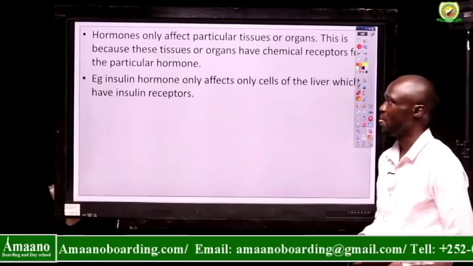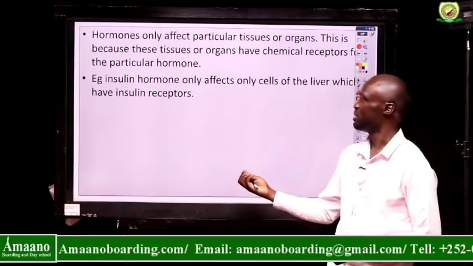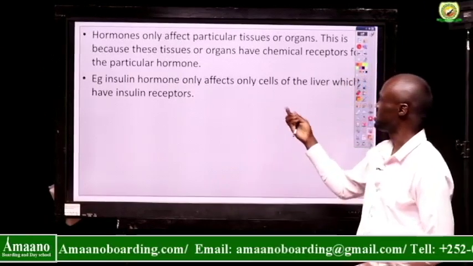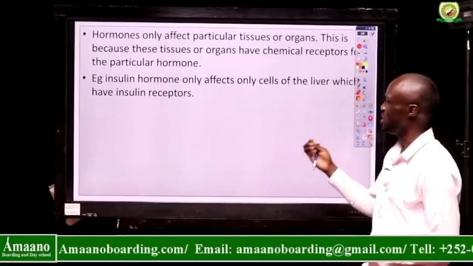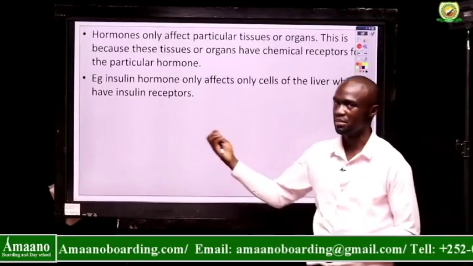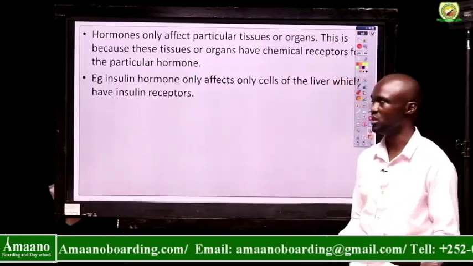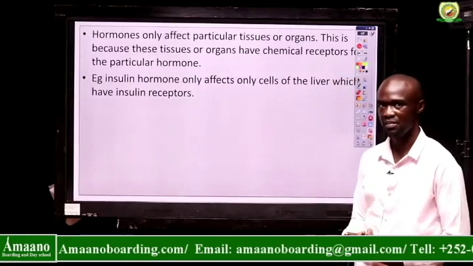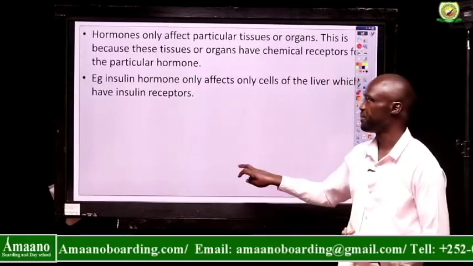For example, the insulin hormone only affects cells in the liver. The reason is those are the only cells that have the receptor sites for insulin. All other cells in the body don't have them, so insulin won't have any effect on them.